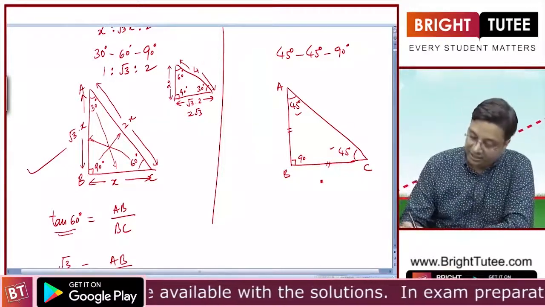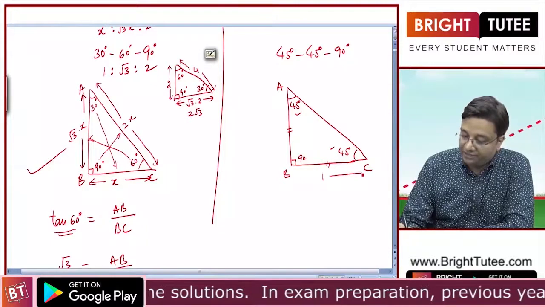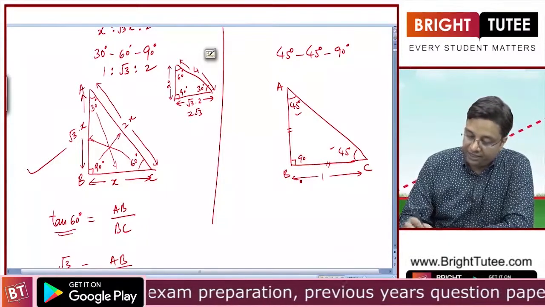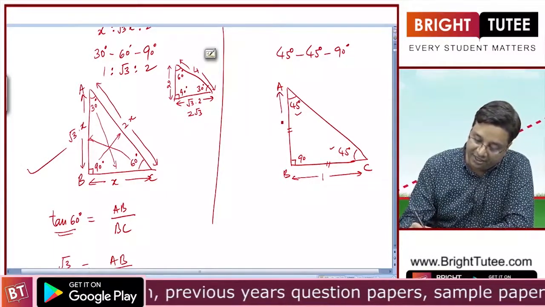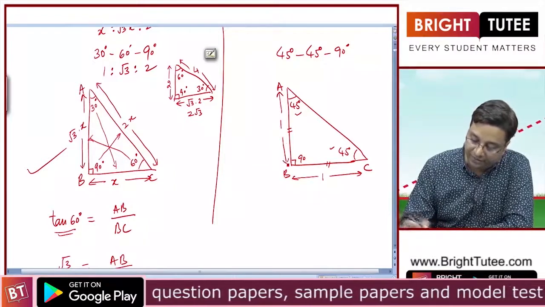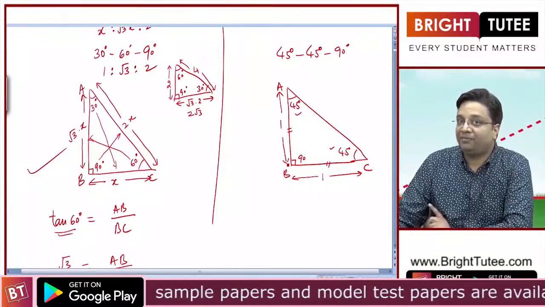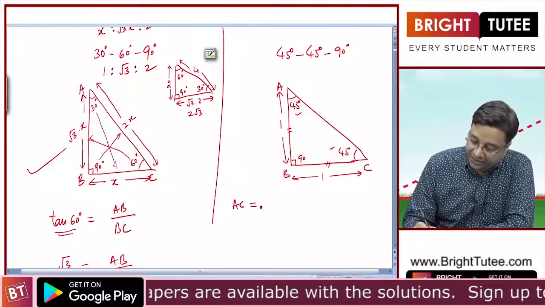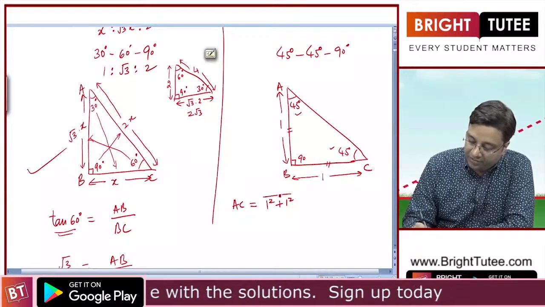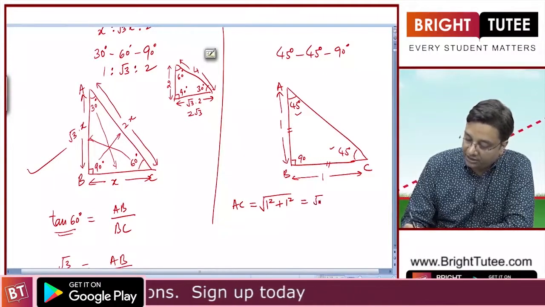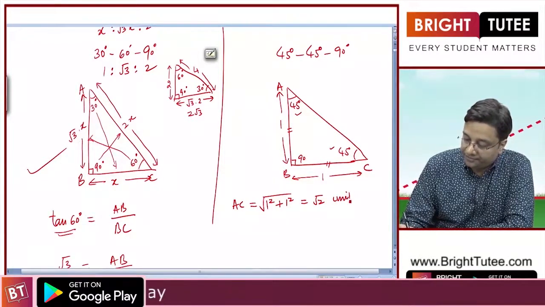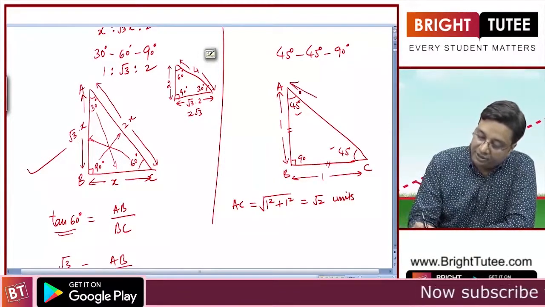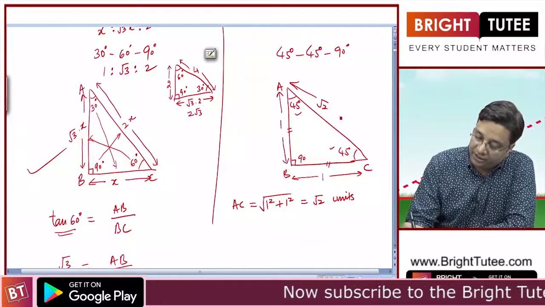If I take this side BC as 1 unit, I can say that AB is also 1 unit. And by applying Pythagoras theorem, I can say that side AC is equal to the square root of 1 square plus 1 square, that is root 2 units. So this side is going to be root 2 units.